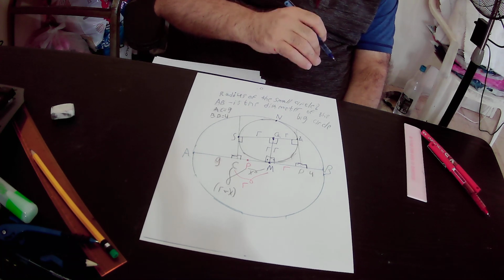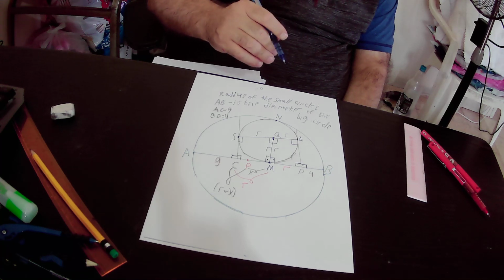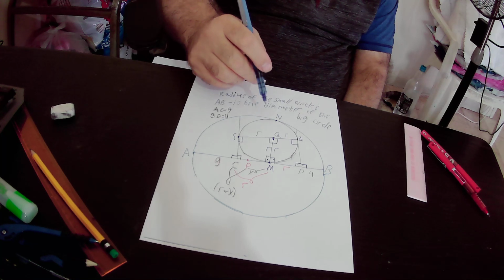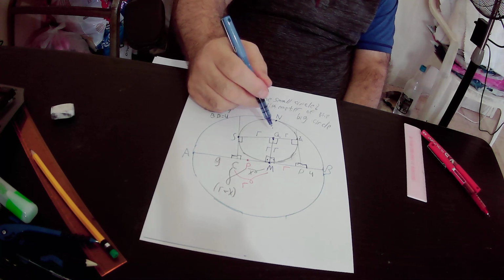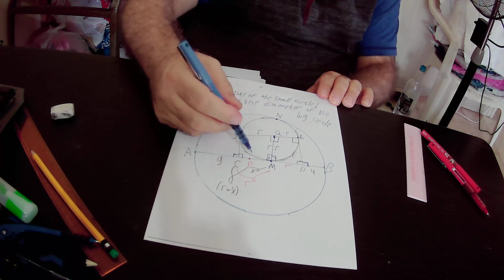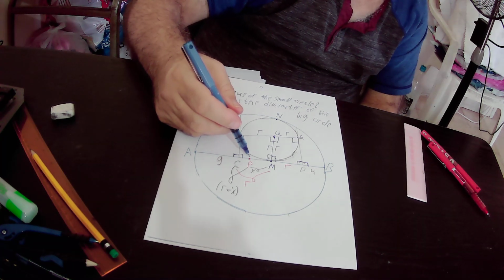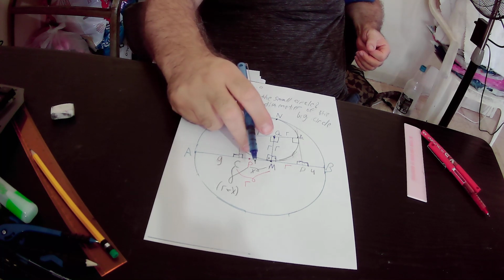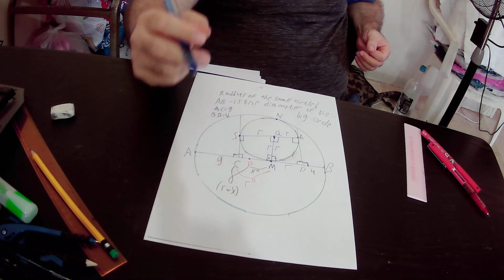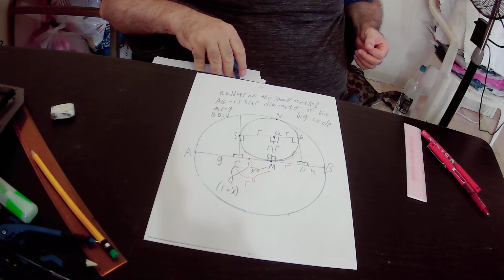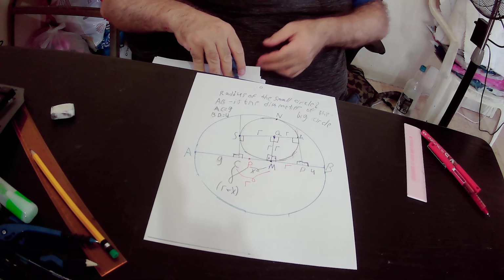According to rule number 5, the distance between their centers, that is to say, Q is the center of the small circle, and P is the center of the big circle. So the distance between their centers, that is to say PQ, is equal to the difference between the lengths of their radiuses.